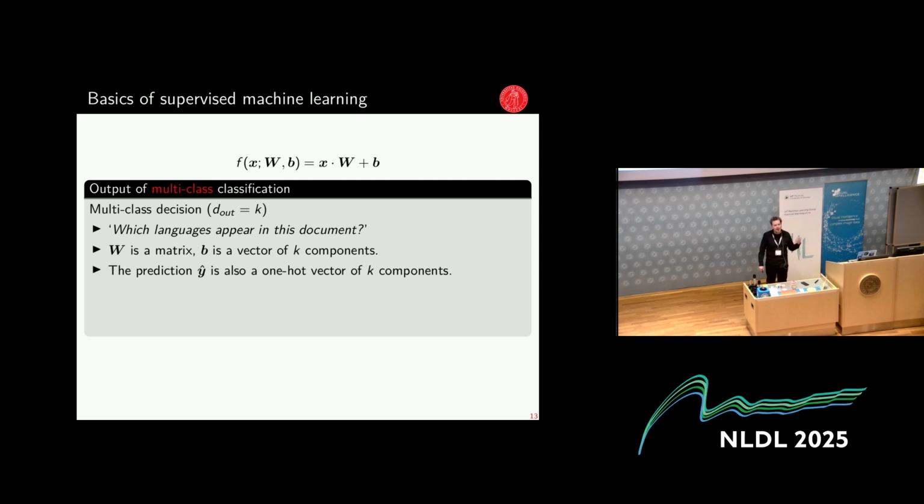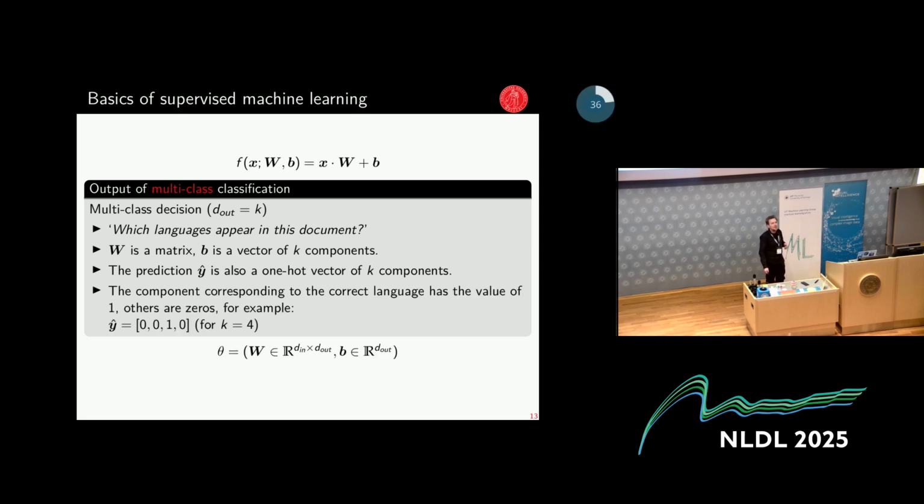We're still multiplying the input feature vector X by the weight matrix W and adding the bias term. But then the prediction is now not a scalar, not a number, but a vector, which corresponds to the languages.